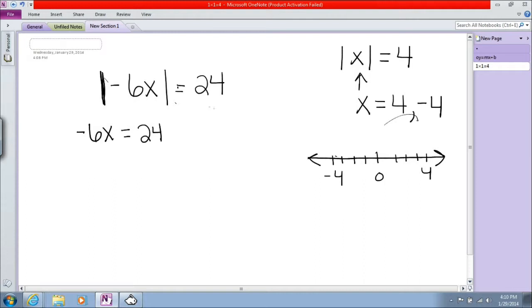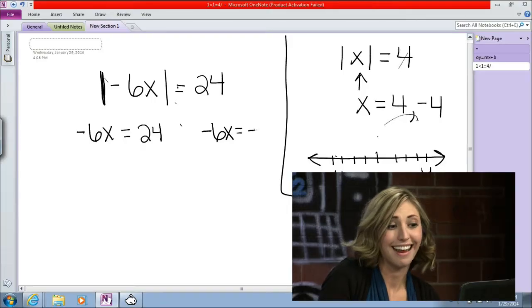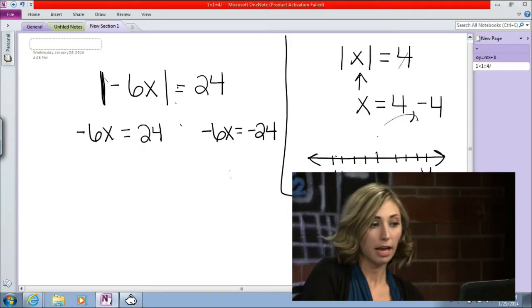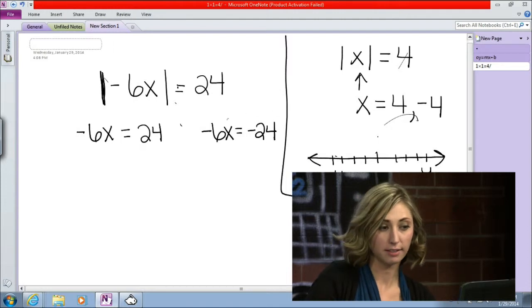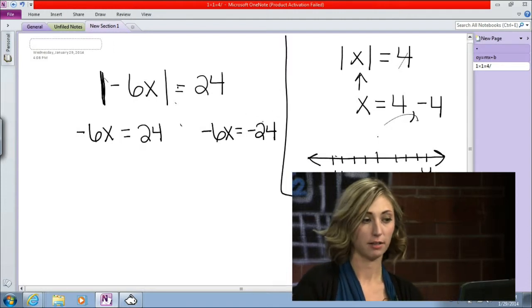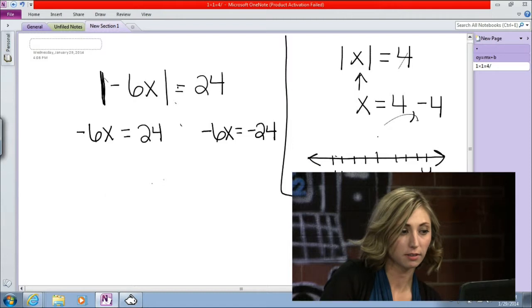The second equation, just like my example with absolute value of 4, is going to be the opposite of that. Like +4, the opposite of +4 is -4. So I'll write that as -6x equals -24. And so I have 2 equations that satisfy my absolute value equation.